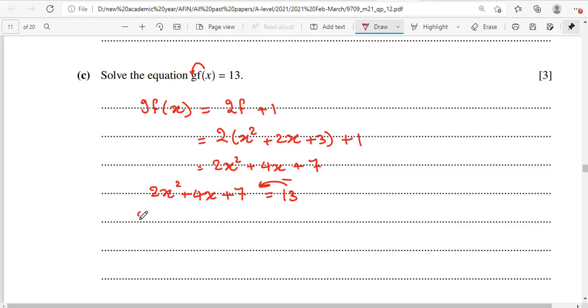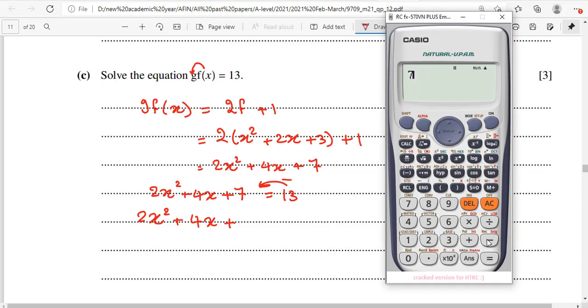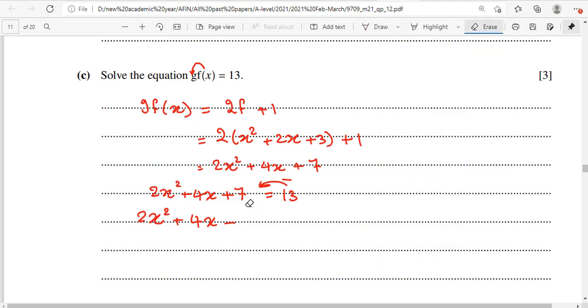2x squared plus 4x plus 7 minus 13 minus 6 equals 0.